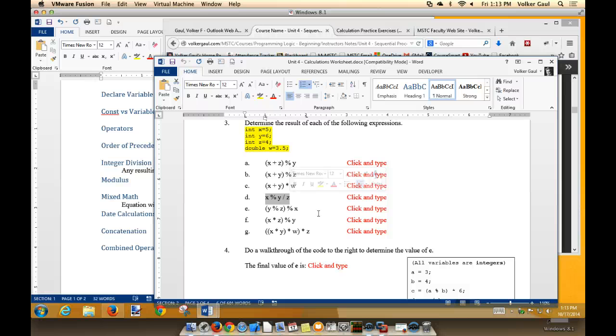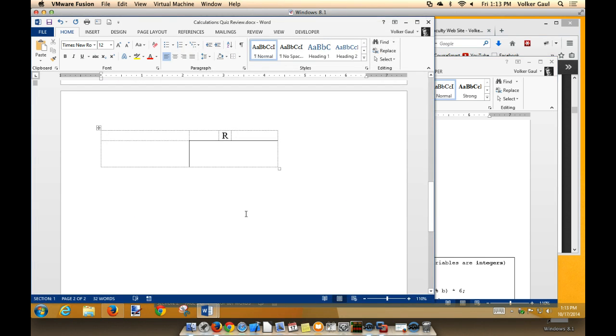Okay? So, next question. There's something else in there that's on my list, and that's modulus. All right, so this is really 5 mod 6 divided by 4. What's the question? What are you writing down?